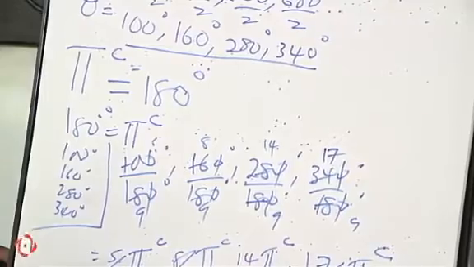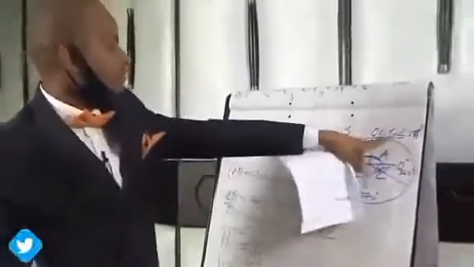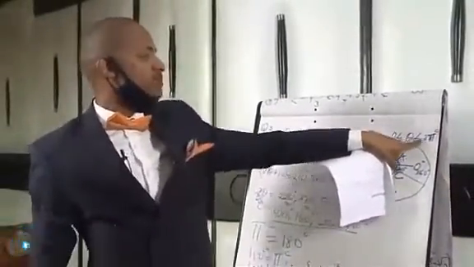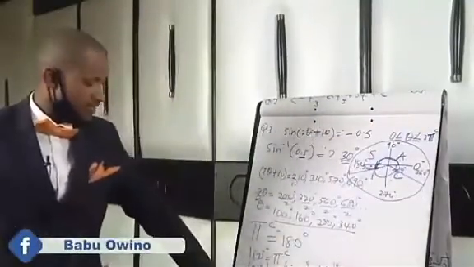So this is our final answer, which is in the range of theta being greater than 0 but less than 2 pi radians. So you leave your answer in pi radians.